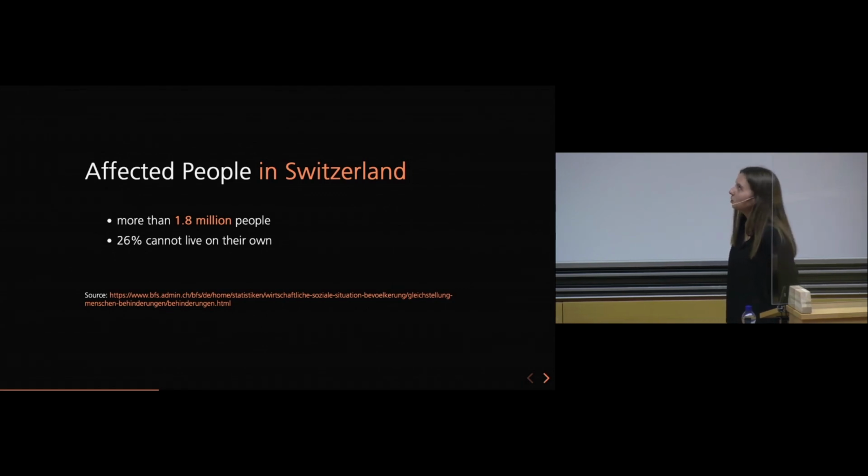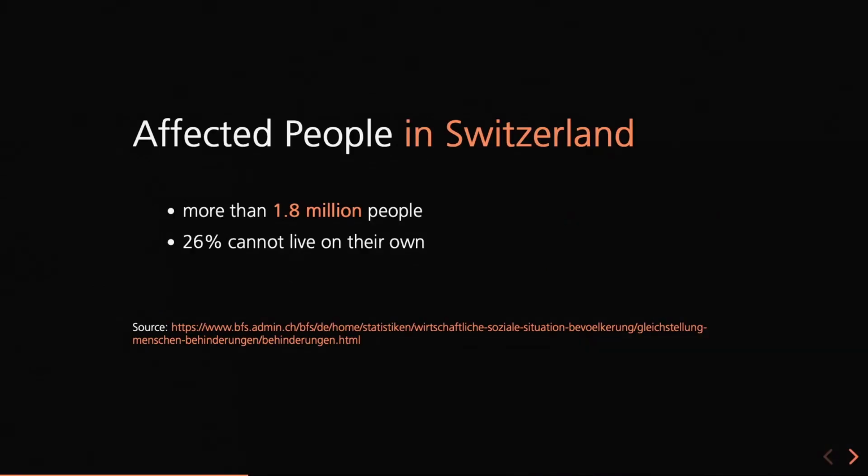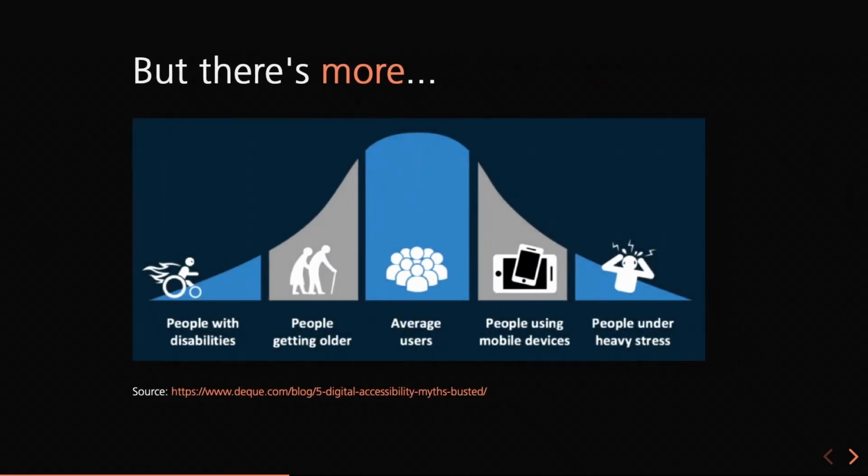Well, you have to say that 26% cannot live on their own, so those would probably have even more difficulties using the digital world and software. And actually those numbers are not even that important because there are many more people affected. I think what's important to mention is that as people get older, we will have a lot more old people who will have difficulties using the online world.